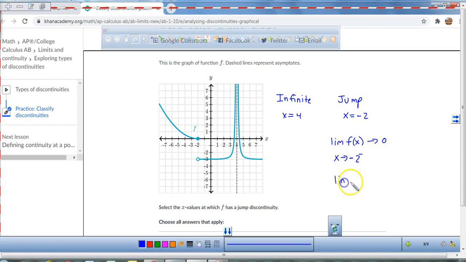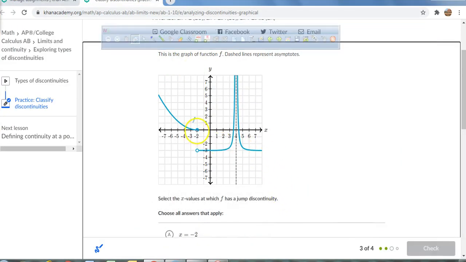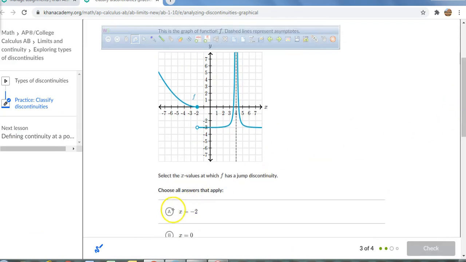But if I ask what the limit of f of x is as x approaches -2 from the right, now it's approaching -3. So you need to know what this means. We don't need that right now, but you might need it later. Right now, we just need to know where there's jump discontinuity, and there's jump discontinuity happening at x equals -2.